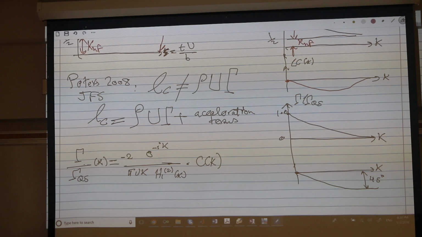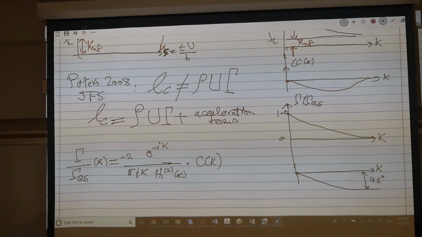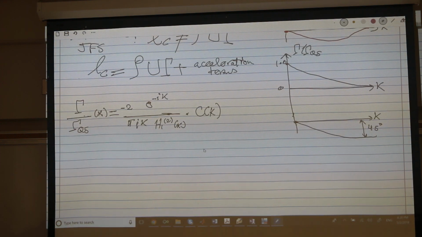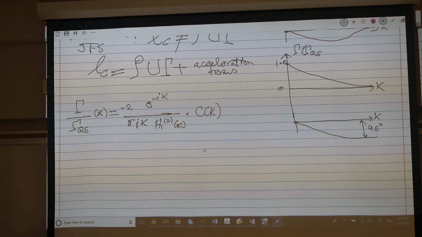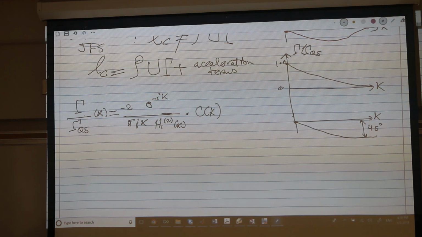This is just to make it clear, this is i. So, remember gamma, here is gamma over lift circulatory, which we tend to think that this is unity. It's not. It's gamma over gamma quasi-steady times gamma quasi-steady over lift circulatory, right?